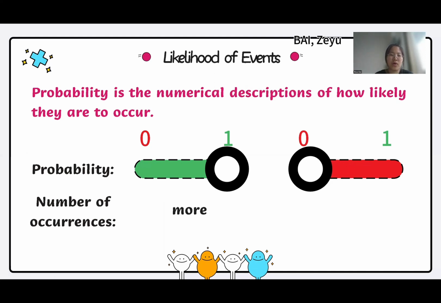It becomes more. So when the probability is close to 1, this event is more likely to occur. And otherwise, when the probability is close to 0, the number of occurrences becomes less, and it's hard to happen. This is the basic information that probability can show us.